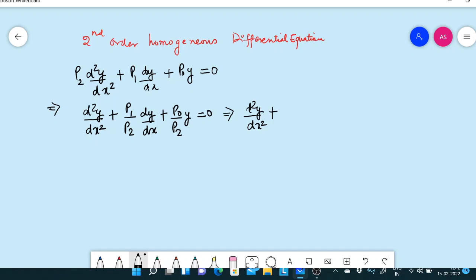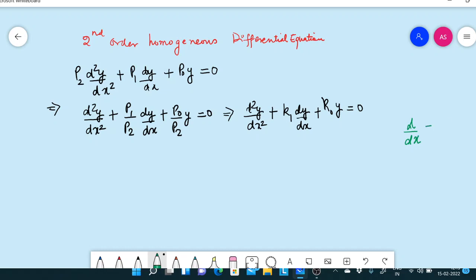Let p1 by p2 be another symbol k1 and p0 by p2 be denoted by another symbol, say k0. The next thing which we do is we have an operator, first differential with respect to x.